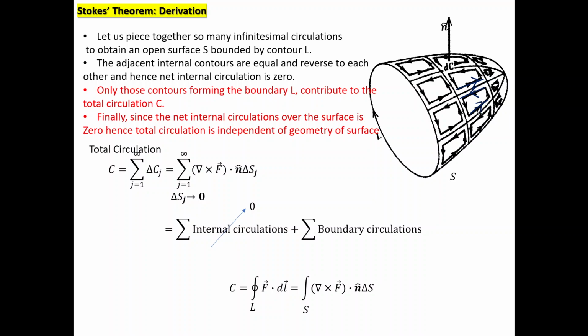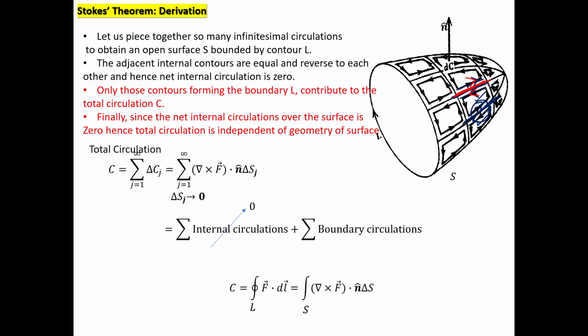Similarly, if this is the circulation direction for this path, then for this closed path, the circulation direction is in the opposite direction. Then for this particular length, the circulation cancels out. Again, for this particular length, the net circulation is 0.